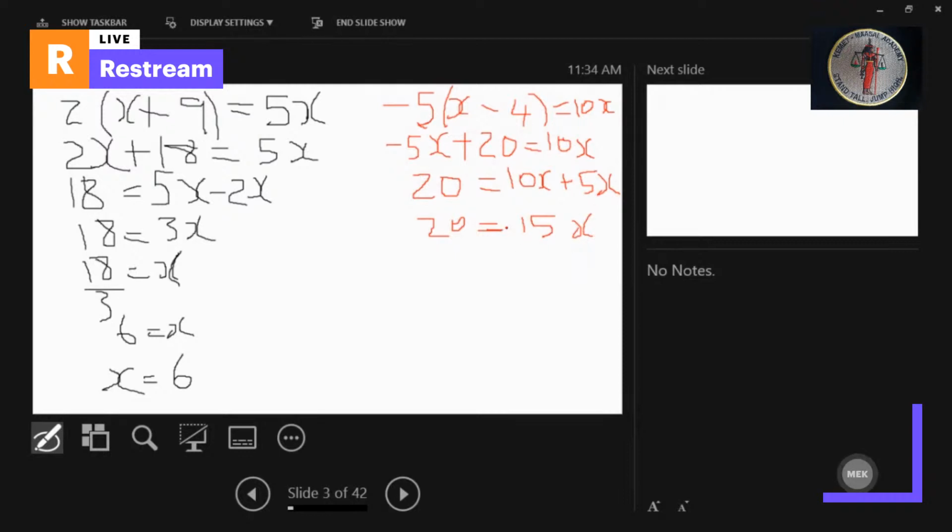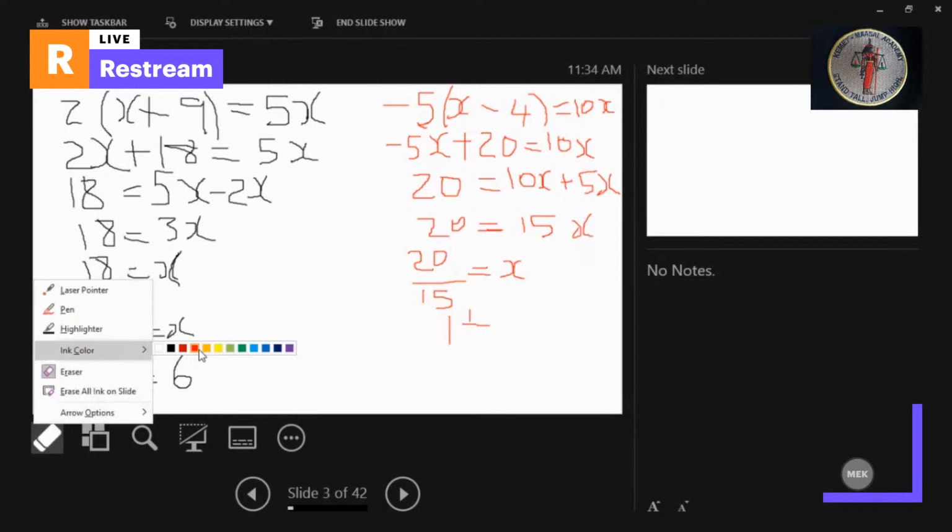All right, so to get rid of the 15 from the x, to break that attachment, since they are multiplying each other here, we need to divide by 15. So 20 divided by 15. That would give 1 and 5 over 20, which is 1/3. Sorry, not 1/3, that would be a quarter. All right, so 5 over 20.